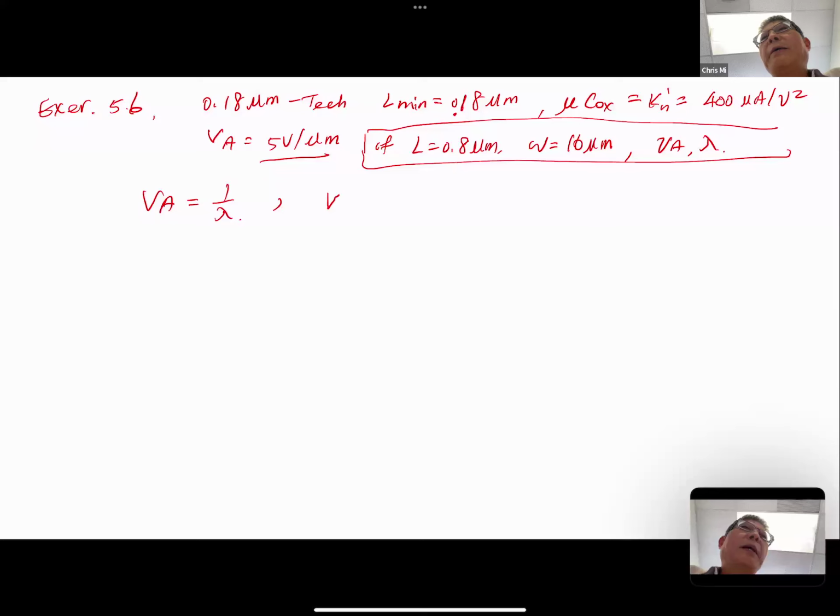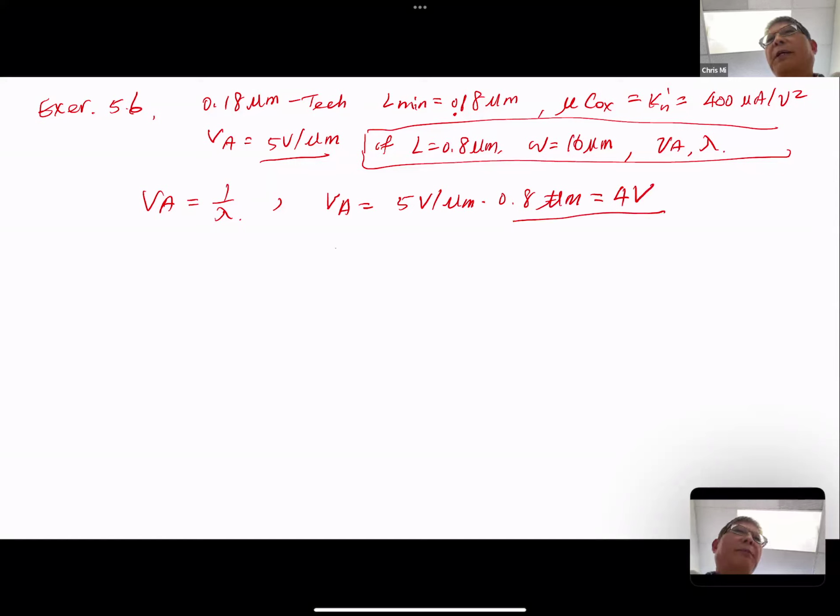VA is going to be 5 volts per micrometer times L, which is 0.8 micrometers. So it's going to be 4 volts. So we got the first solution. Of course, lambda is going to be 1 over VA.